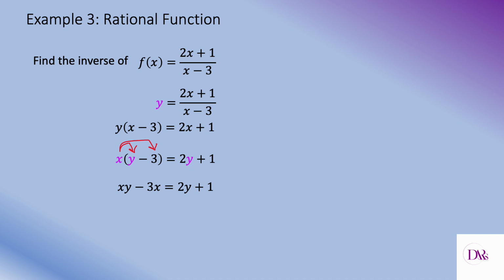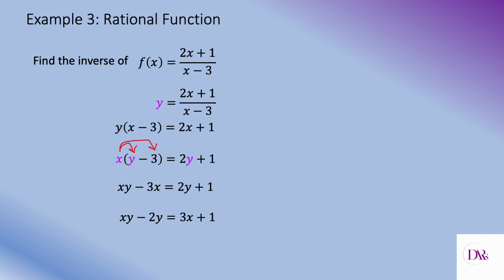Now we have xy minus 3x equals 2y plus 1. Now as we solve this equation for y, we are going to move the 3x over to the right side, and we're going to move the 2y over to the left side, resulting in xy minus 2y equals 3x plus 1.